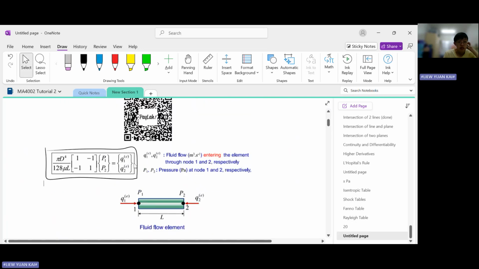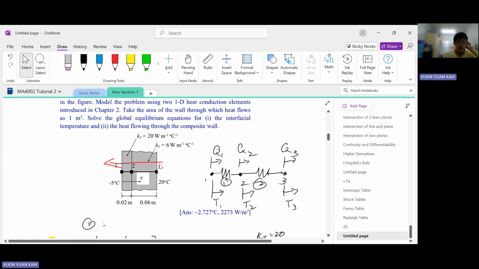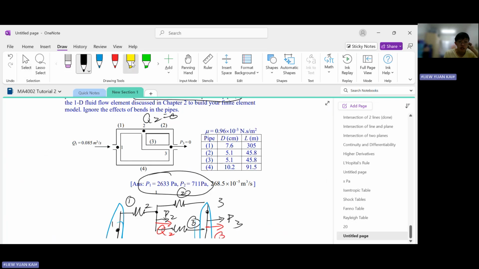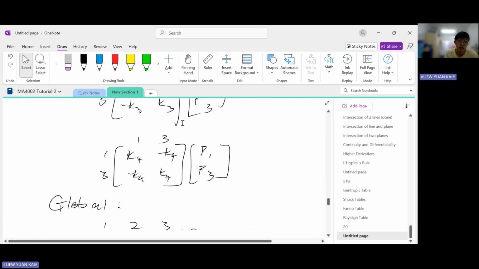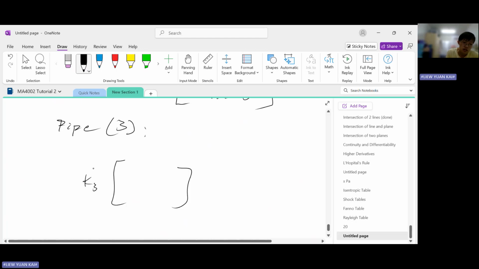So this here will be K3 for pipe 3. Which nodes is pipe 3 connected by? Let me check the diagram. Pipe 3 connects node 2 to node 3. So for pipe 3, we have K3 here. Since it's connecting nodes 2 and 3, I label this as 2 and 3 here.